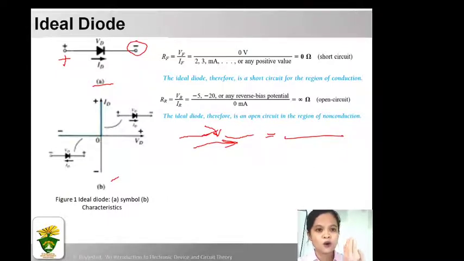So if the current flows following figure 1A, there is current, meaning short circuit. Once the current direction is opposite, the switch or the diode will act like an open circuit.